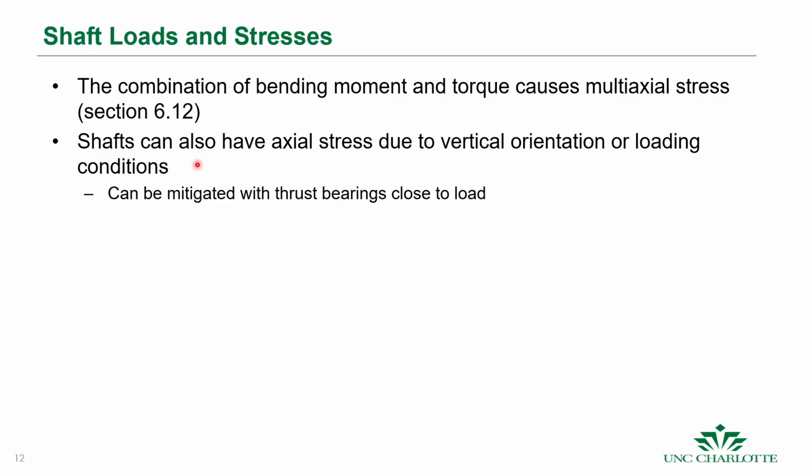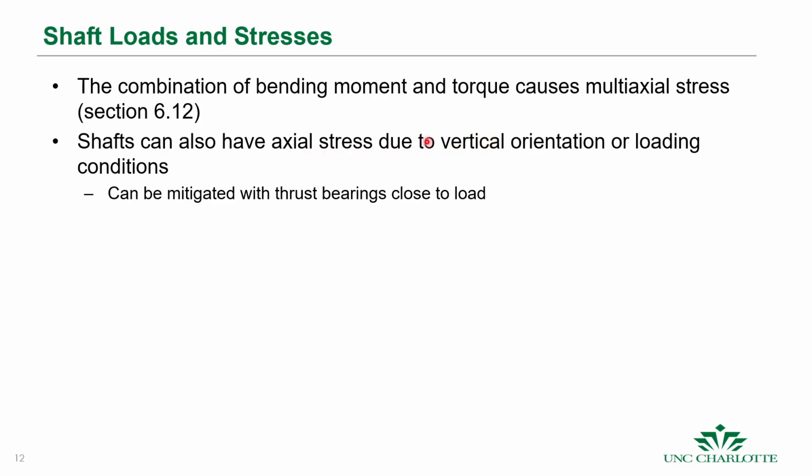Shafts can also have axial stress due to how they're loaded. Sometimes you can put a shaft in with a nut on each side for that particular design, and when you crank the nuts down on each side, you can have an axial stress.